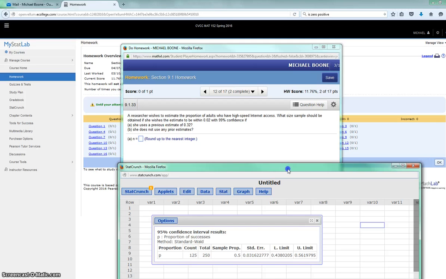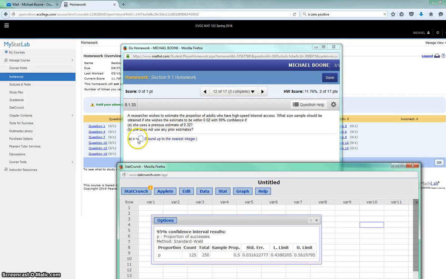All right, so back to number 12. If I want to determine a sample size, I know that I want to be 99% confident, and I have a margin of error. I want to be within 0.02, so that's my margin of error. And I have a previous estimate of 0.32.